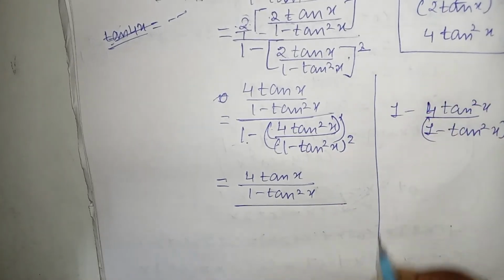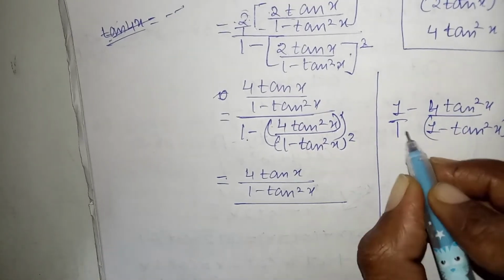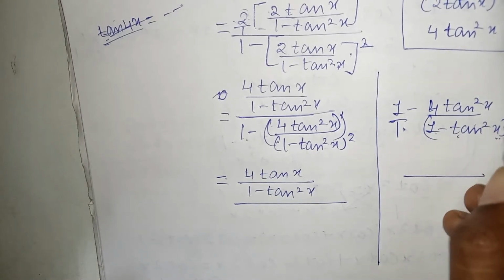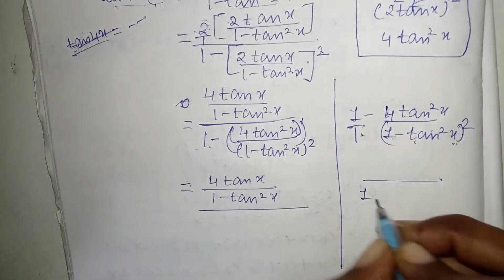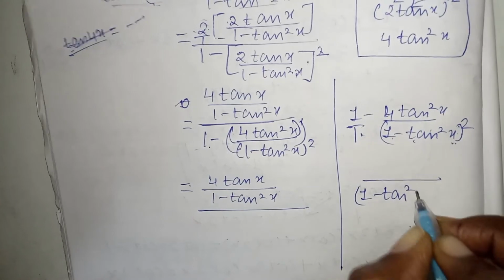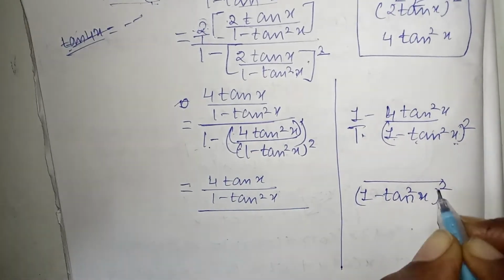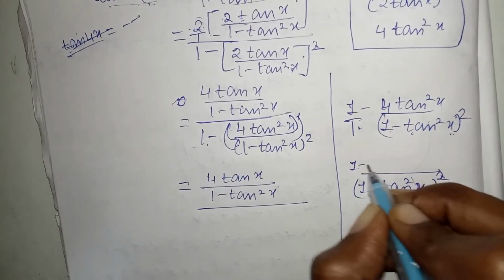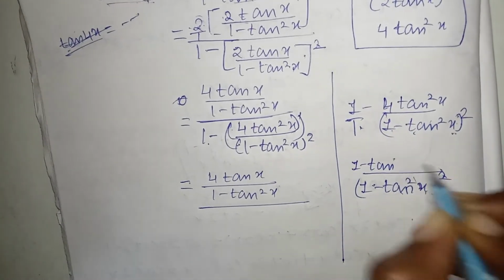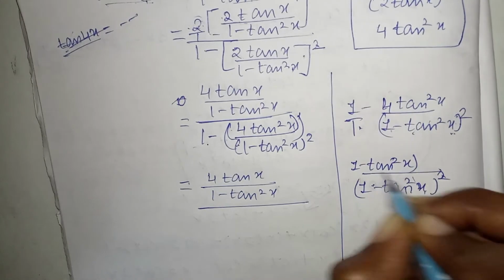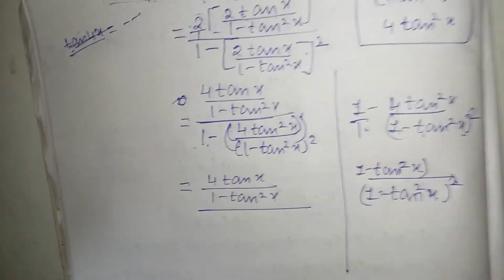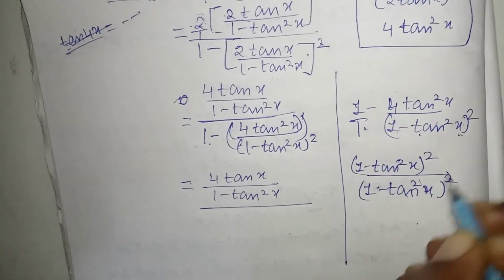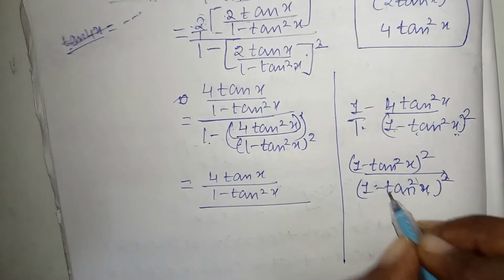So first what you have to do, so 1 and 1 minus tan square x whole square is what for LCM? 1 minus tan square x only formula. That is LCM is. So 1 minus tan square x whole square into 1 minus tan square x. So whole square. Then again what you have to do? We have to multiply it with this.